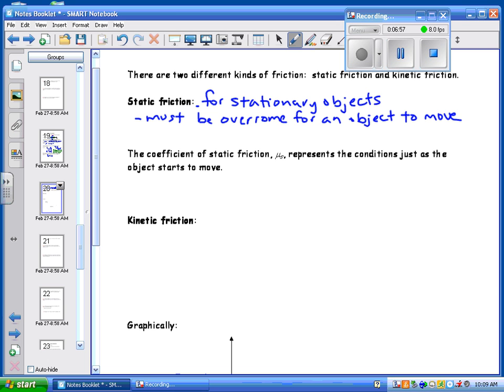So if the applied force is not bigger than the force of static friction, the object won't go anywhere. But if the applied force is big enough, then the object will move. So it requires a larger F applied to get an object moving.